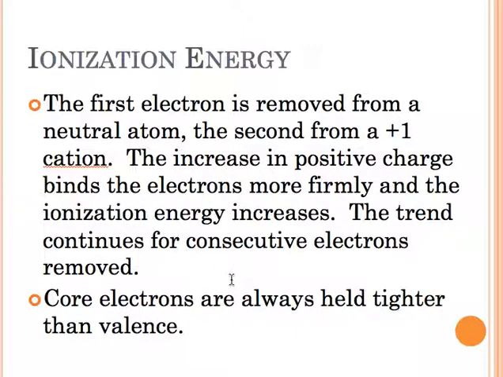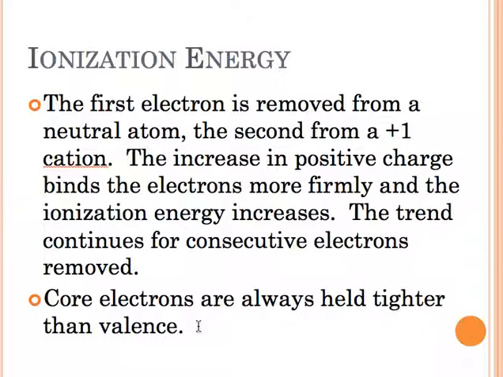So the first electron removed from any kind of neutral atom always forms a positive cation. And every time we increase the positive charge in the nucleus as compared to relative amounts of electrons, again, that helps to hold the electrons more firmly in place. Anytime we get past the valence electrons, the rest are far easier to take than the core electrons.